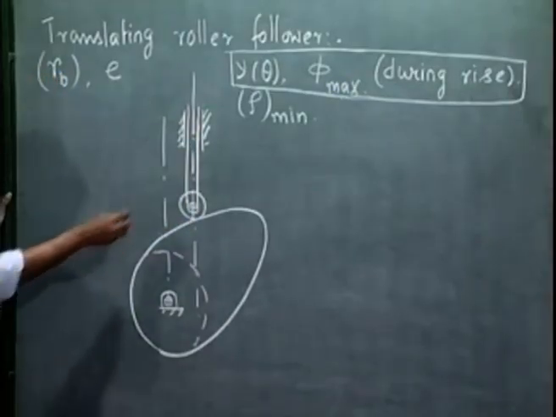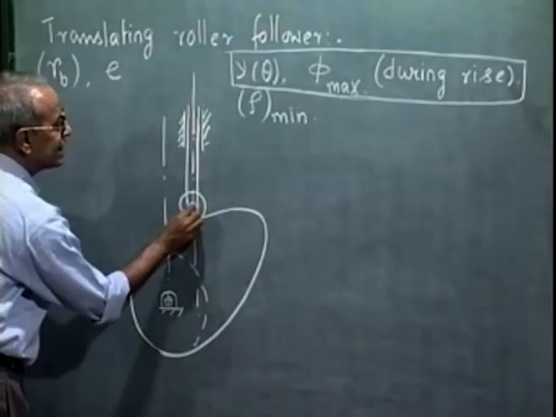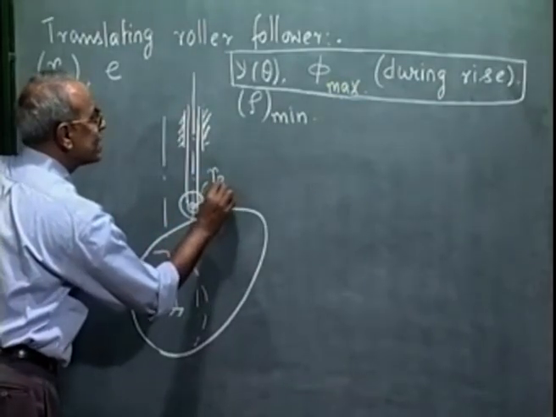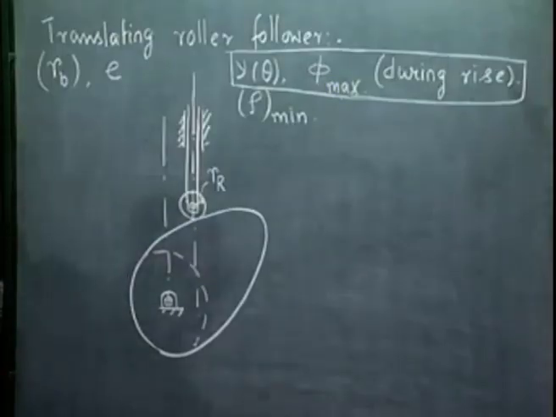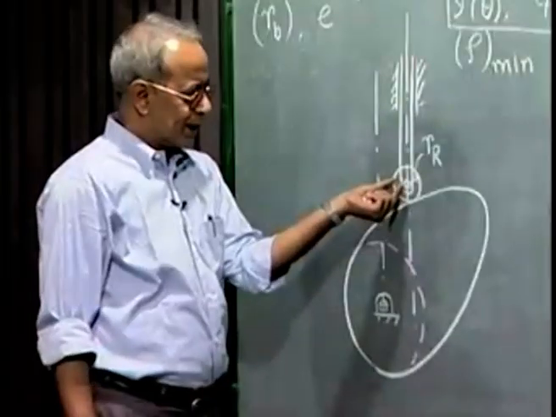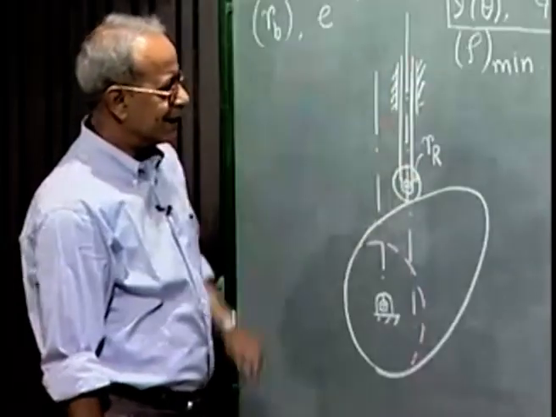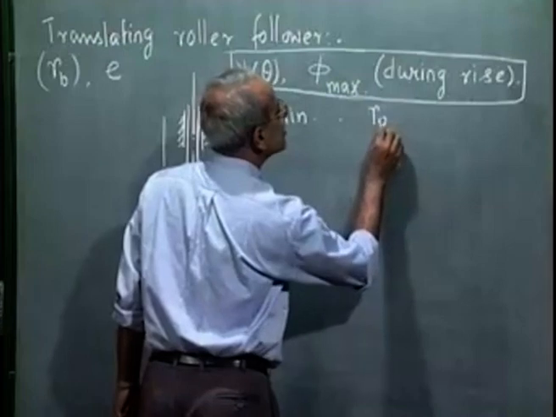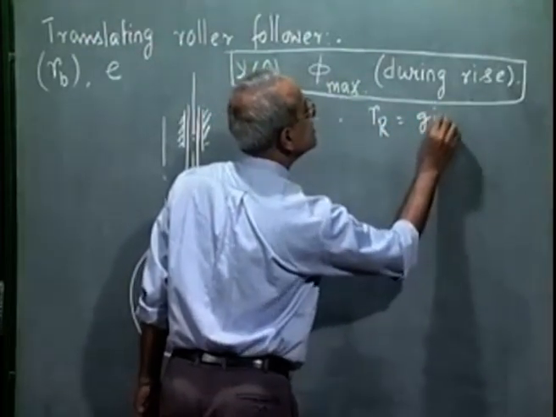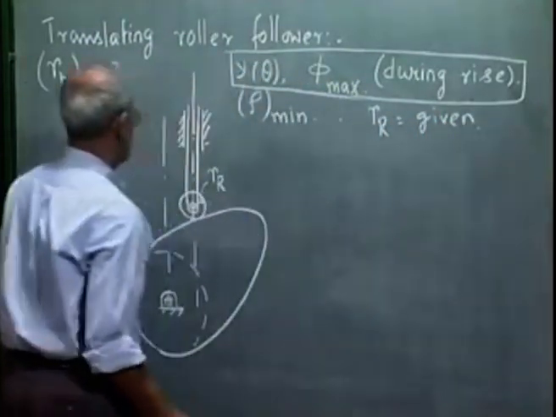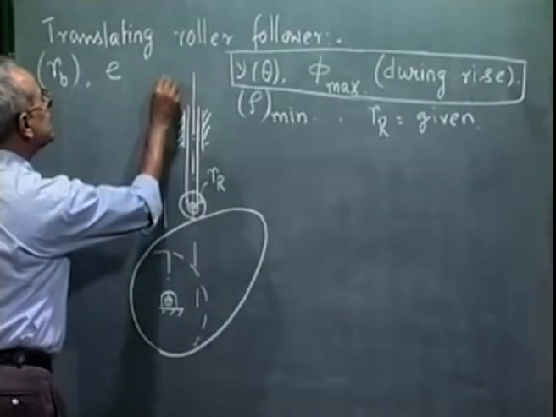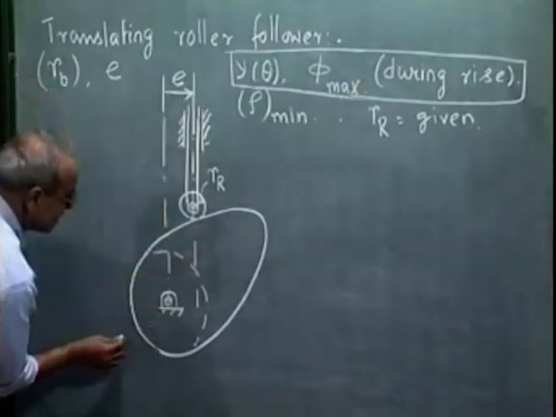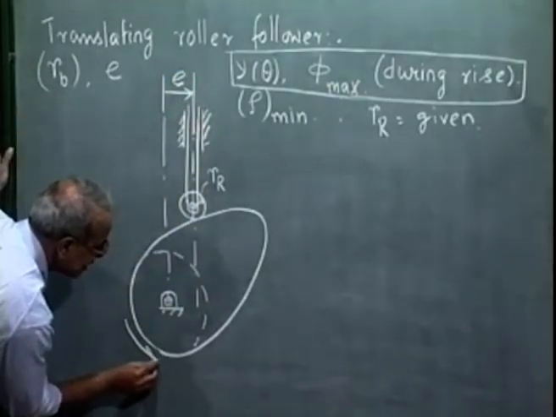And as we see here, an extra dimension is necessary, that is the given roller radius. This is decided not from kinematics but from the force transmission point of view. What is the minimum size of the pin, that decides the roller radius. So we also assume that RR is also given. This is the amount of offset. The cam is rotating in the counterclockwise direction.